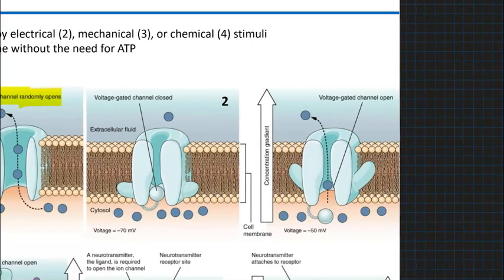Then we have the voltage-gated channel. What opens and closes a voltage-gated channel? Electricity. Electricity is the movement of charged particles. Whenever there is a change in the charge on the membrane, a voltage-gated channel can open.